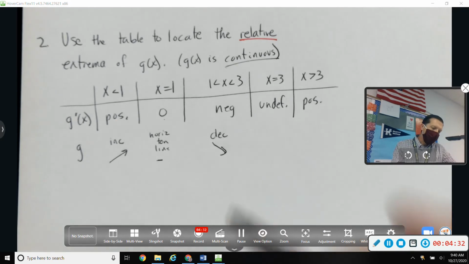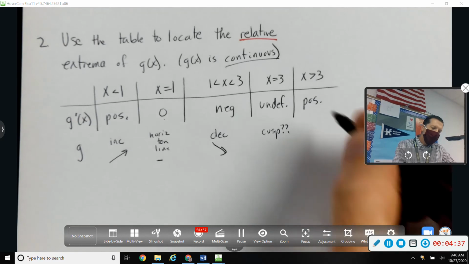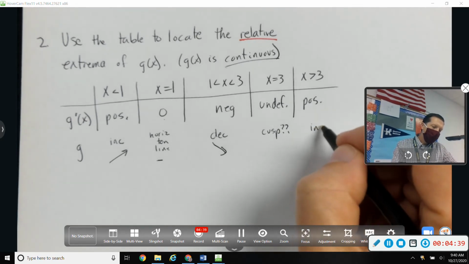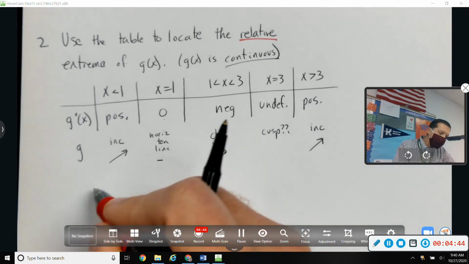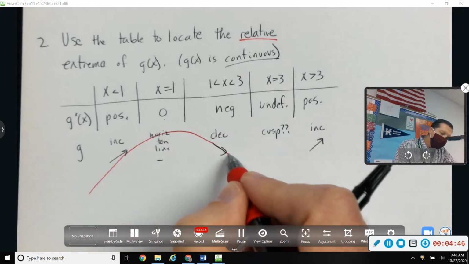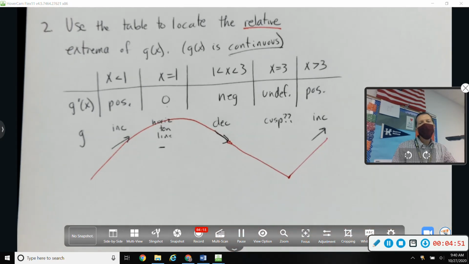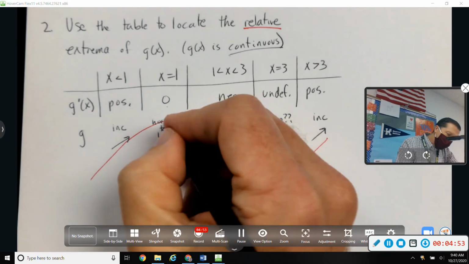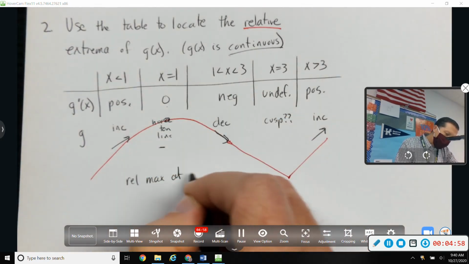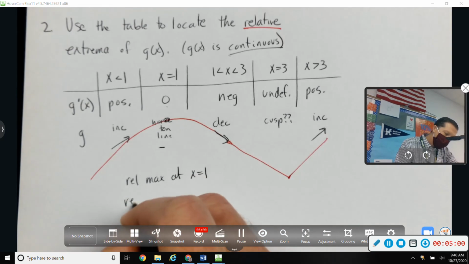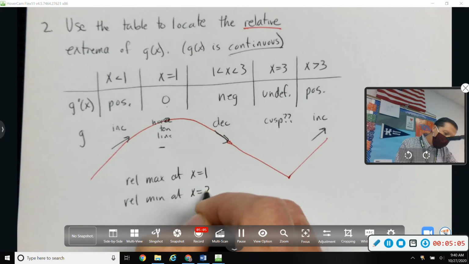So that probably means it's a cusp, but we really don't know. And then if g prime is positive, g is increasing. So roughly increasing, decreasing, maybe a cusp, so maybe it's more of a sharper piece right there. But either way, there's a relative max at x equals 1, and a relative min at x equals 3.